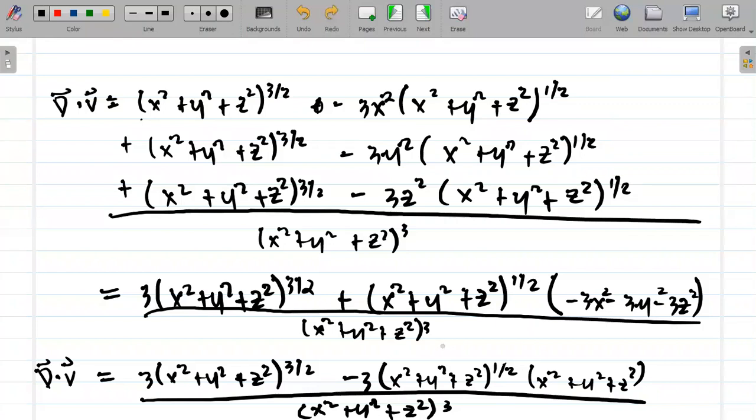Factor out 3, then eto, pwede ba nating pagsamahin tong dalawa? Itong dalawang term na to. Opo. So, ano yung magiging exponent nila? Three half. So, di ba ito 1, tas ito 1 half. So, pagsamahin natin, i-erase ko na. Gagawin ko ang 3 halves to.